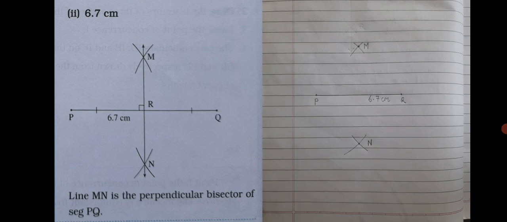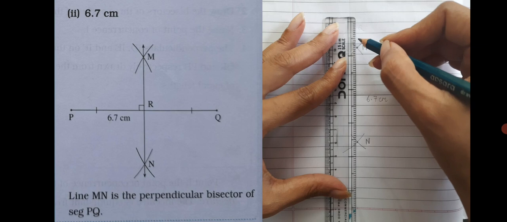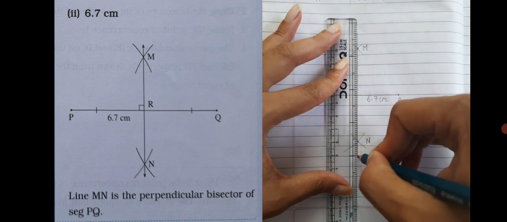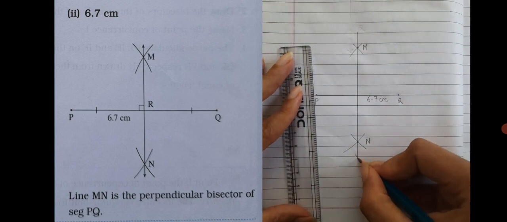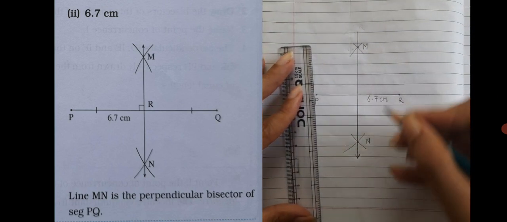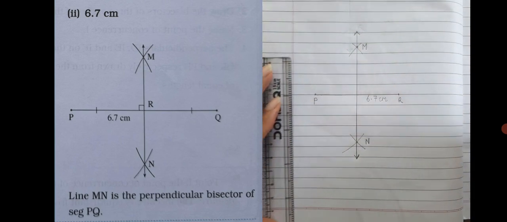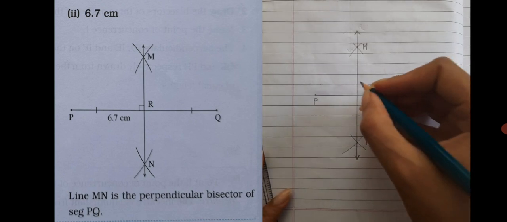With the help of a scale and pencil, we are going to join these points of intersection so that we get a perpendicular to segment PQ. After drawing the line, do not forget to put the arrows because it is a line which extends. So we have got MN perpendicular to PQ.